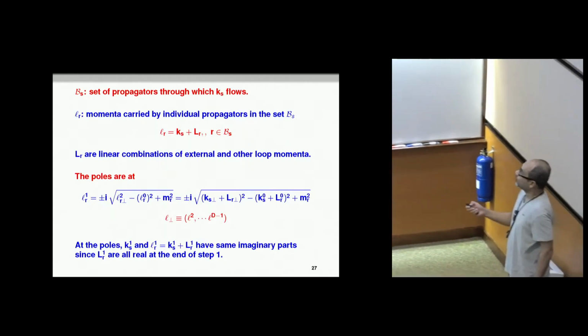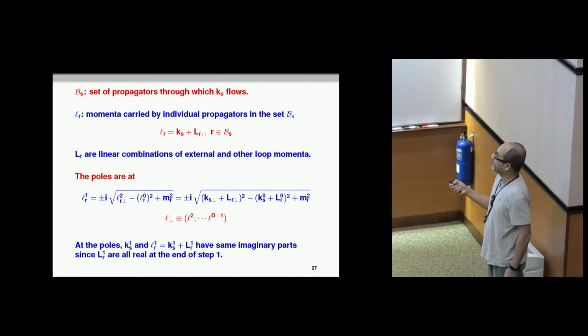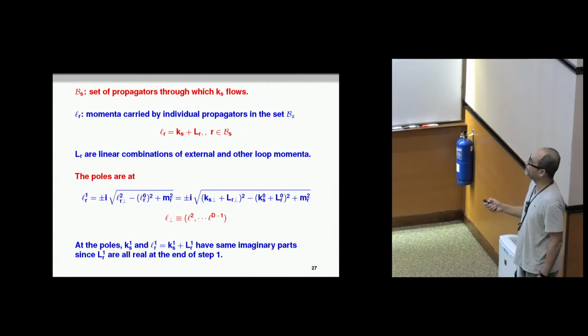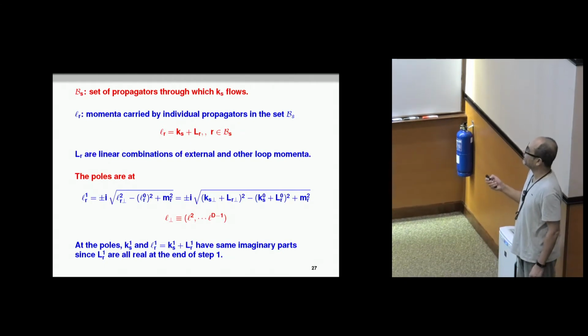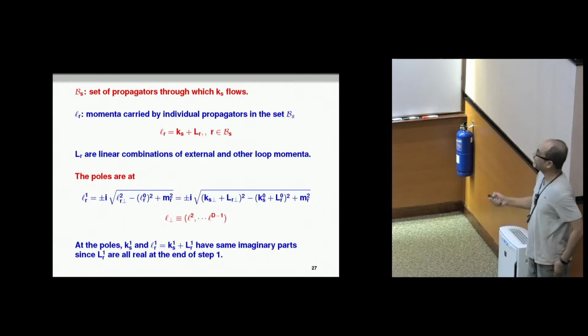We'll denote by Bs the set of propagators through which the loop momentum K flows, so those are the propagators whose momentum depends on K. This is the general structure: the momentum along the propagator is the loop momentum plus some L, where L is a linear combination of external momenta and other loop momenta which are entering the vertex.